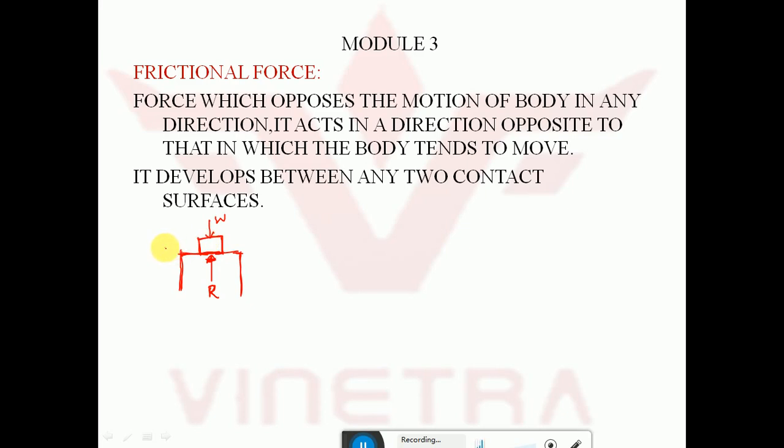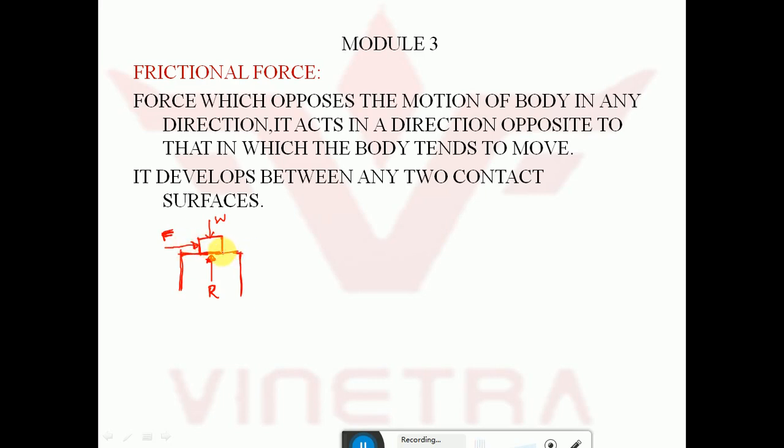Now I will apply a force F in this direction. Due to application of this force, the body will not start to move. The body remains at rest even after application of this external force.